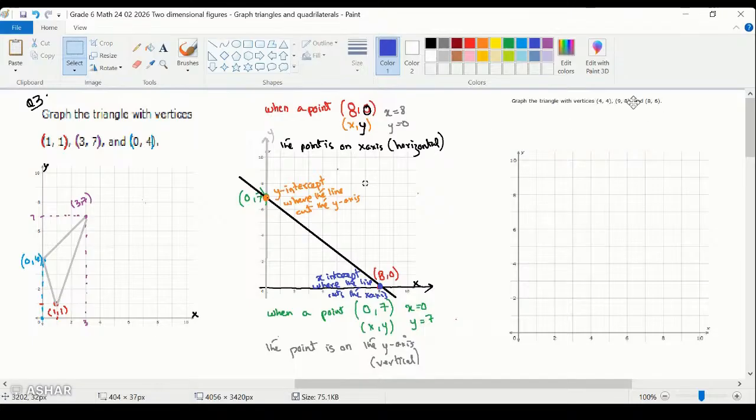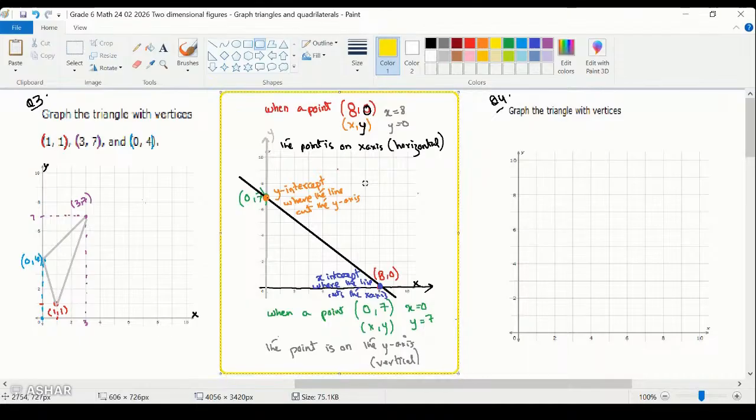I'm changing the values over here. This is just the explanation for the intercepts.